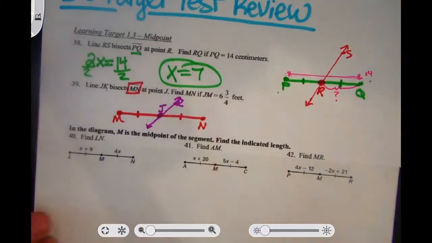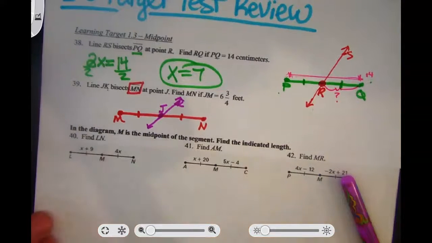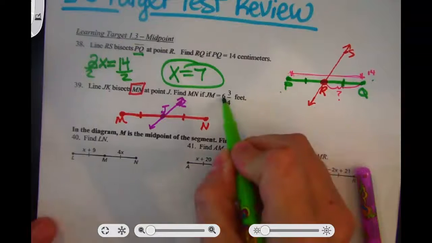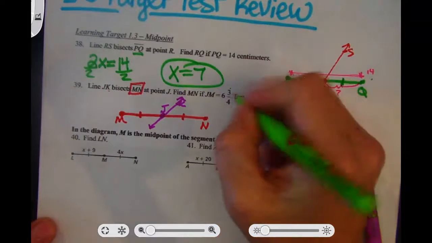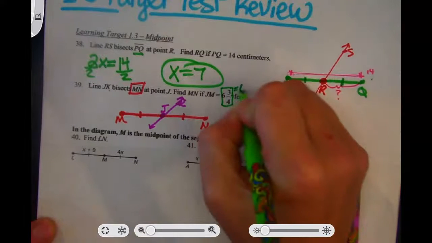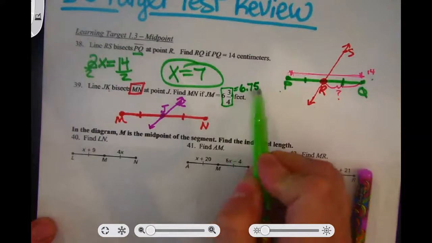So find MN, so the whole length, if JM is 6 3/4. So you can put this in your calculator and change it to a decimal if it makes it easier. Sometimes I think it's easier. So I'm just going to give you a little hint here. That's 6.75 because we know 3 divided by 4 is 0.75.